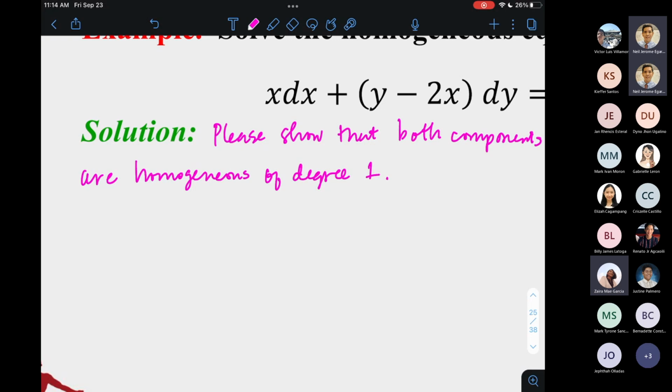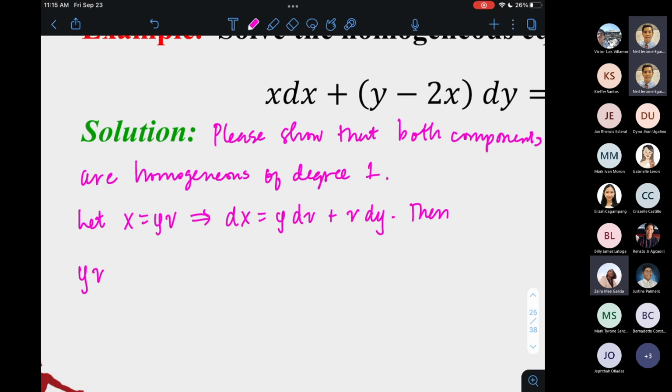Alright. So, after you have done that, pwede na natin gawin yung substitution. But again, I suggest we use the substitution x equals yv. So here I will let x equals yv and consequently dx will be y dv plus v dy. Then the equation will become this.